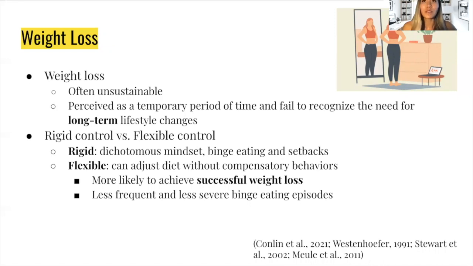Someone with rigid control will have a dichotomous mindset, so they'll switch their diet on and off. If they ate something they weren't supposed to for that day, they'll just throw off their diet and then go back on the diet the next day. In contrast, someone with flexible control will be able to adjust their diet without the compensatory behaviors.